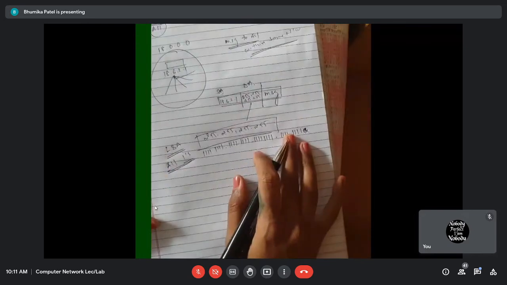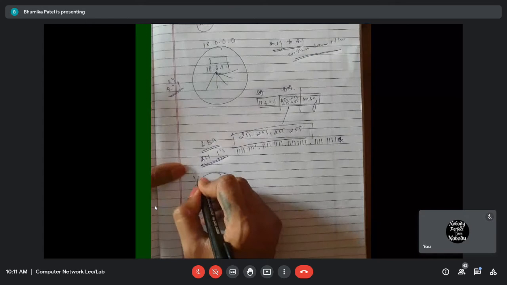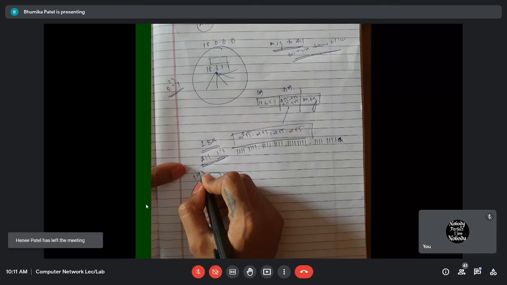For example, I am taking another example. I'm taking a class C, sorry, class B IP address. So the first 2 bytes represent the network ID and the last 2 bytes represent the host ID. In the last 2 bytes I'm putting zeros, and this can be the network ID.